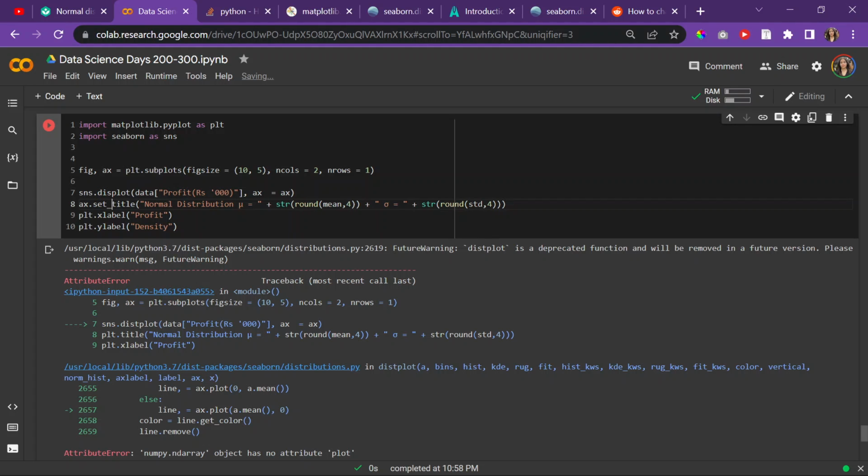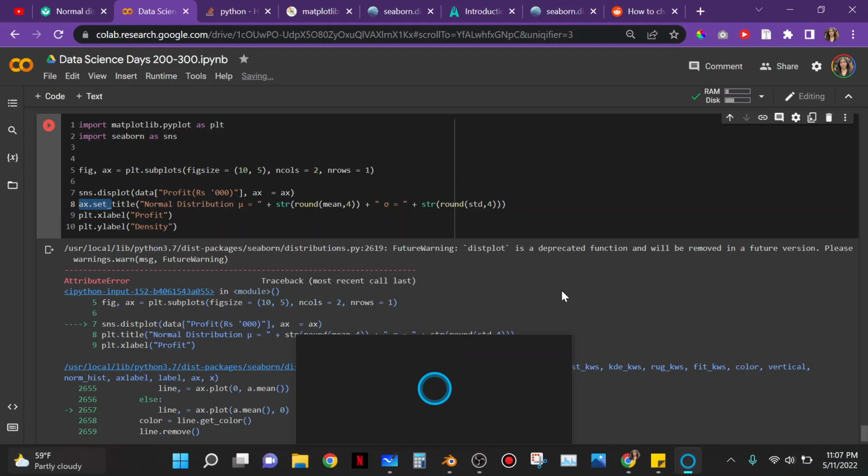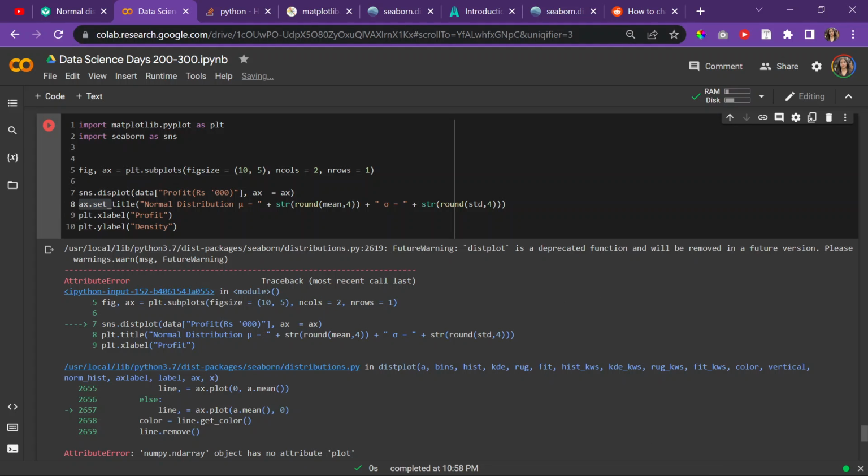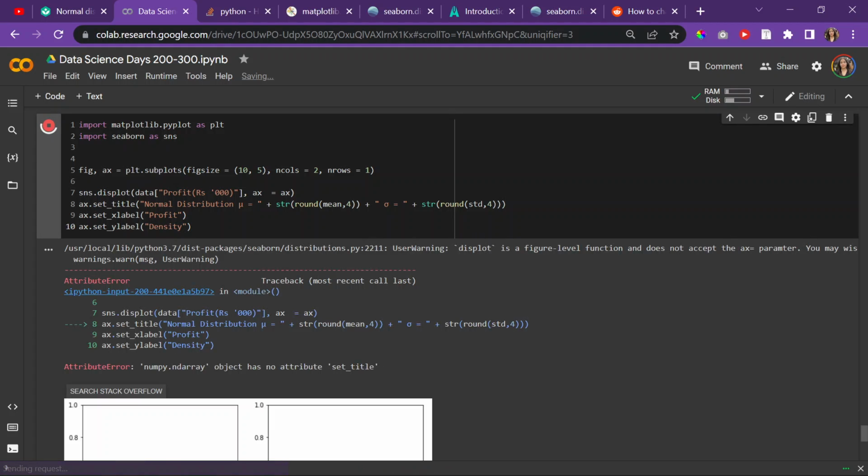Remove that. There is an attribute set_title, excuse you.